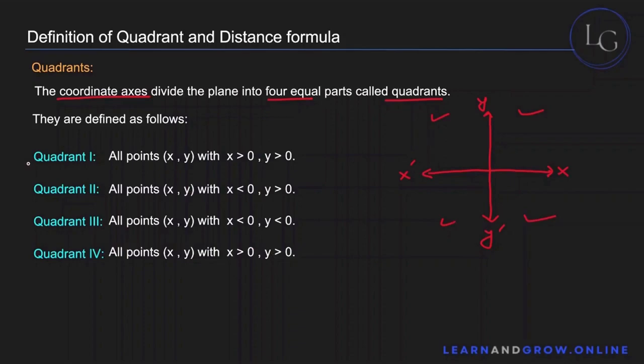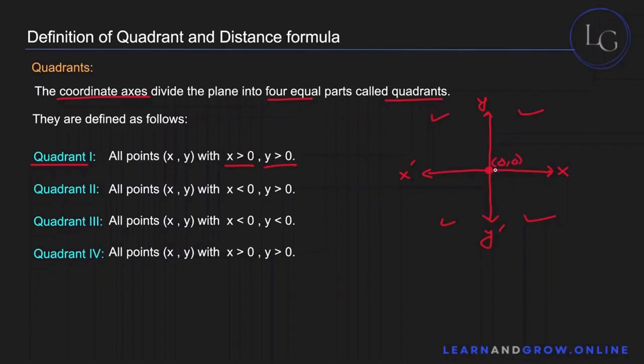And basically, quadrant number 1 has all the points with positive x values and positive y values, meaning x values greater than 0 and y values greater than 0 as well. This center point, basically it has an x value of 0 and a y value of 0, right?